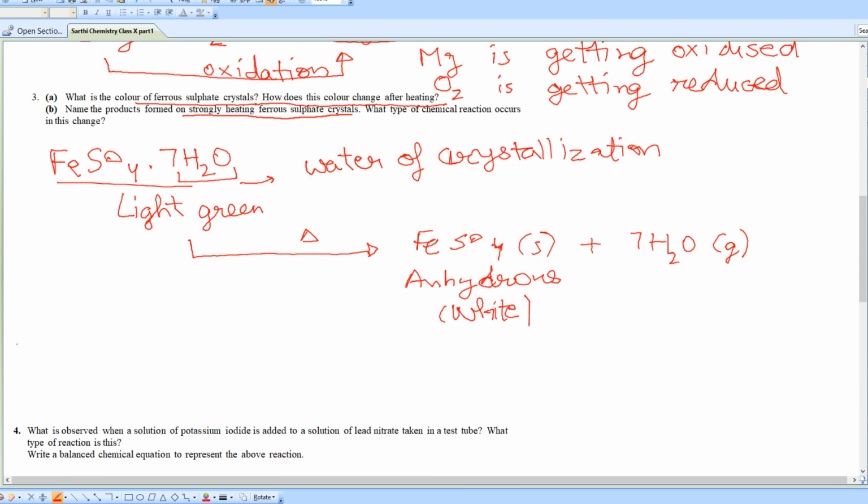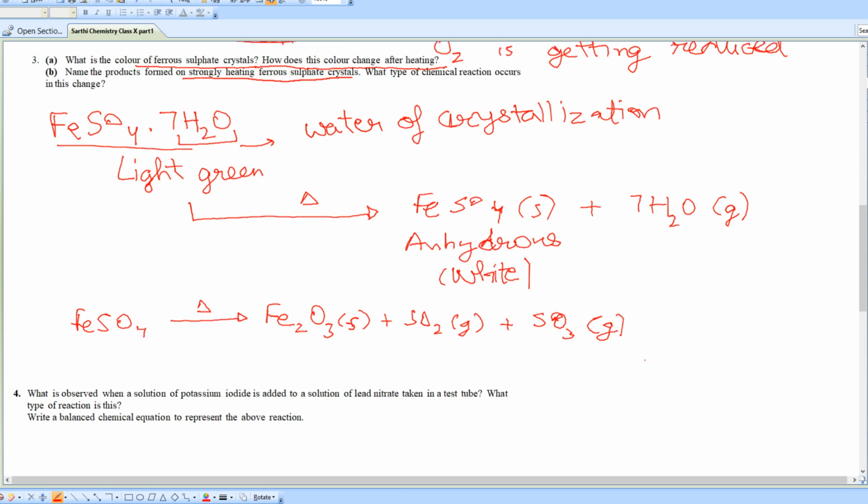Now we know that upon strongly heating ferrous sulfate we get ferric oxide which is solid, plus SO2 gas is evolved, plus one more gas is evolved which is sulfur trioxide.